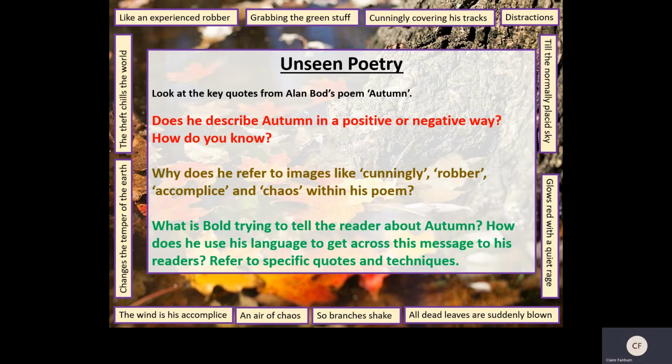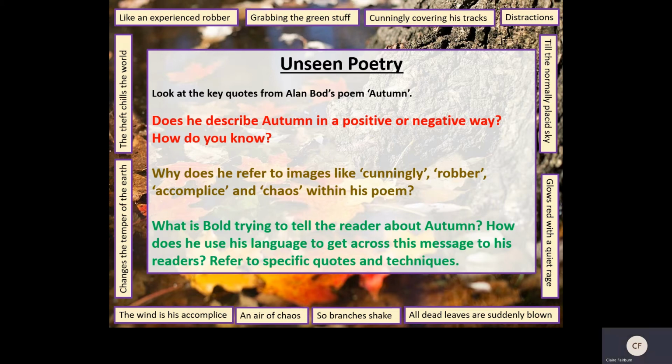If there is any vocabulary there that you don't understand, please feel free to search it on Google or use a dictionary to help you. What I'd like you to do is go through those quotations and think about how it is describing autumn. Is it describing autumn in a positive or a negative way?